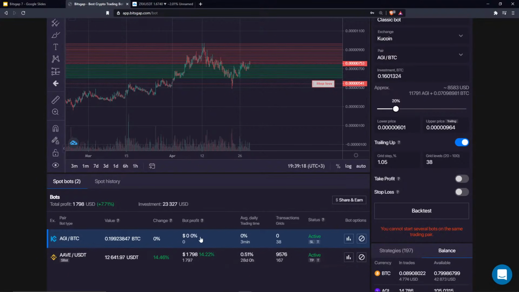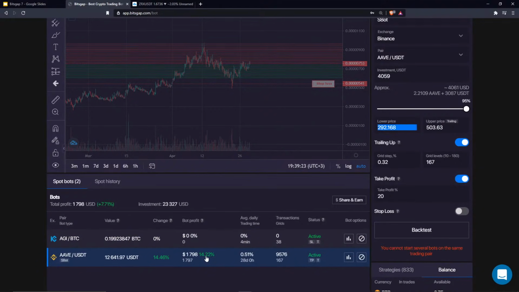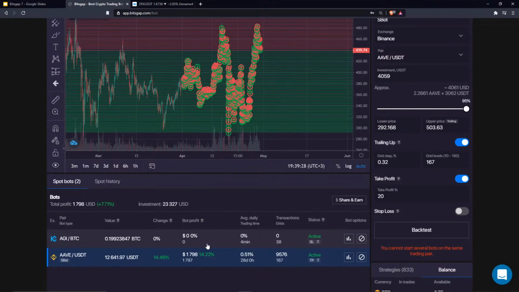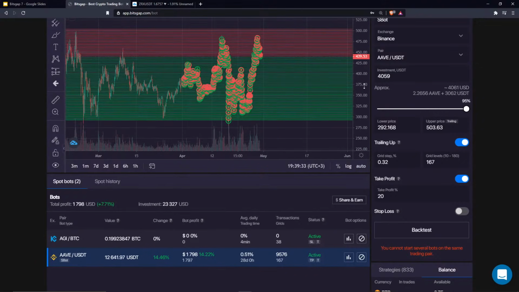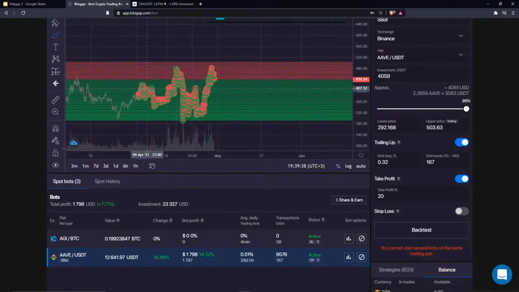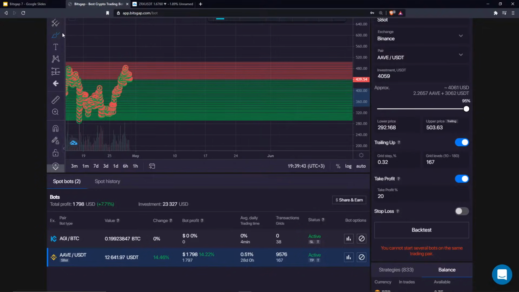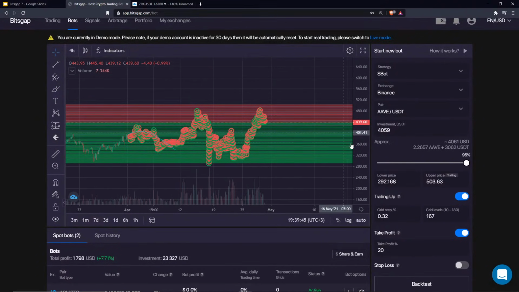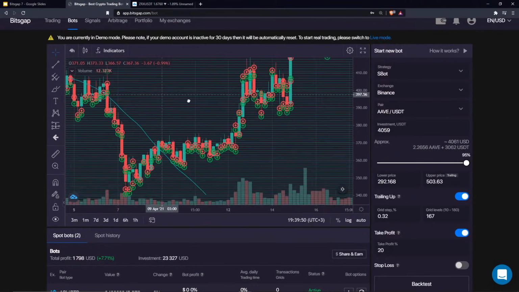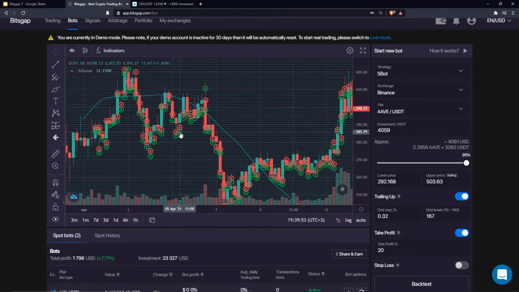So this column is always in green because it's the profit that the bot generates as it buys low and then sells higher. All right, so that's why it can generate this return regardless of the market trend. So even you see here, that was a short-term downfall, it generated returns, because if we zoom in, you will see that there was a plentiful number of opportunities where the bot could buy low, sell high, buy low, sell high.